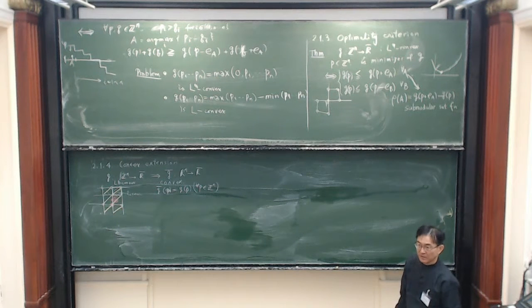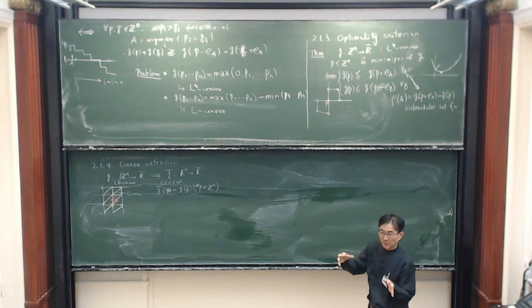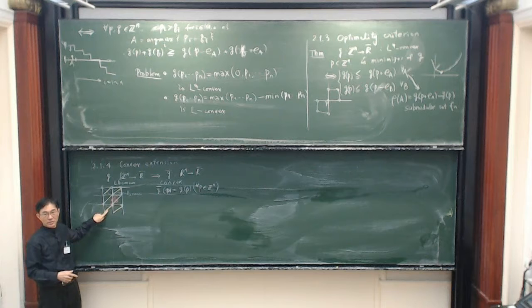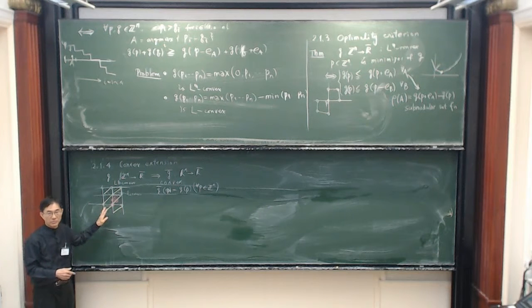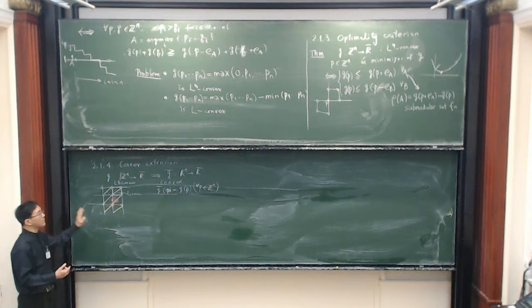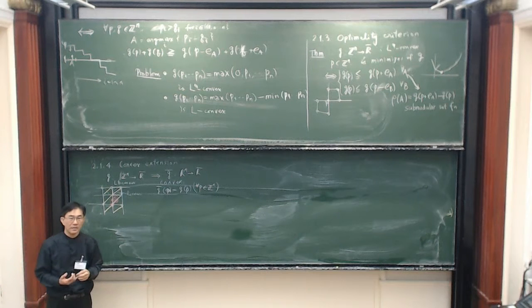Yes, also, L and L-natural are essentially the same. But to use a translation, it was easier for me to work on L-convexity. That's why I have chosen L-convex here. So an L-natural convex function, of course, is convex extensible. Any questions?